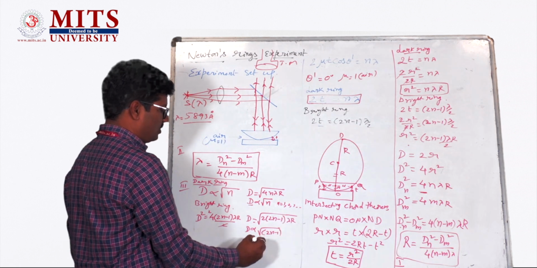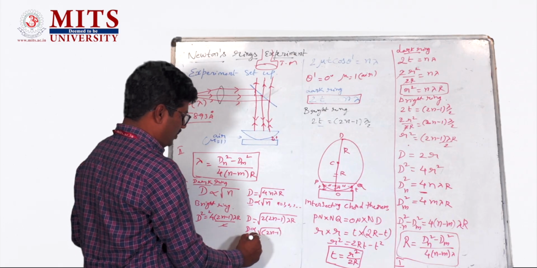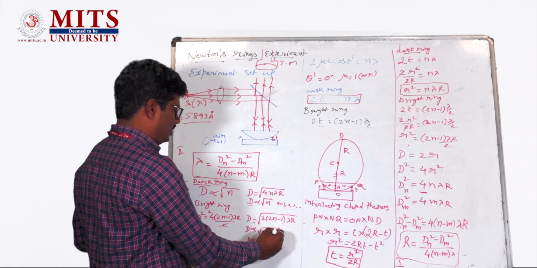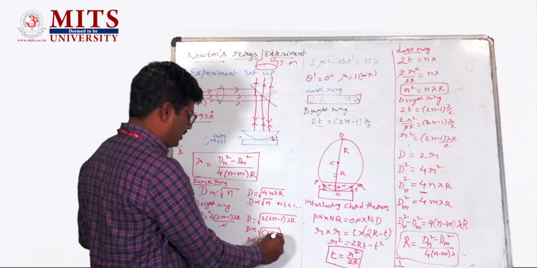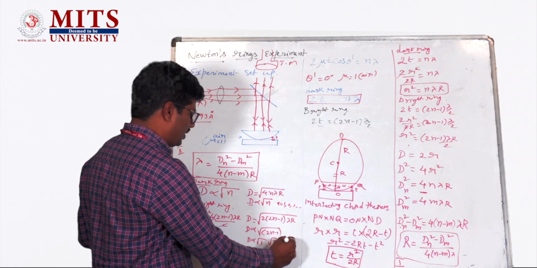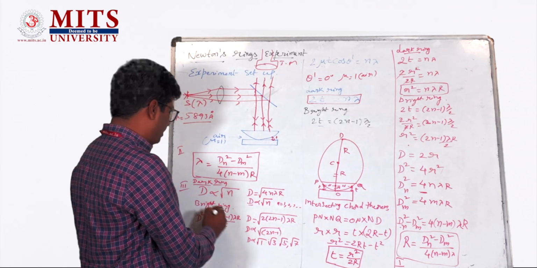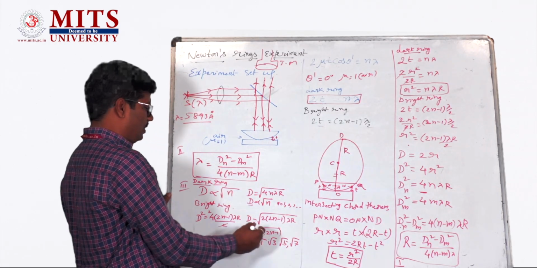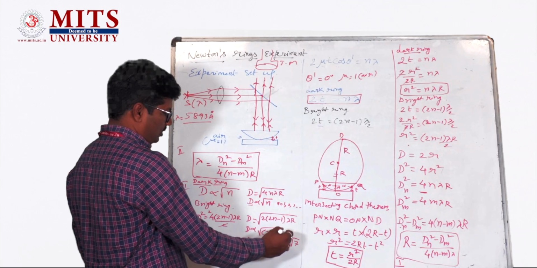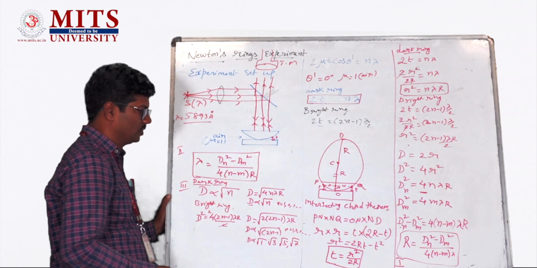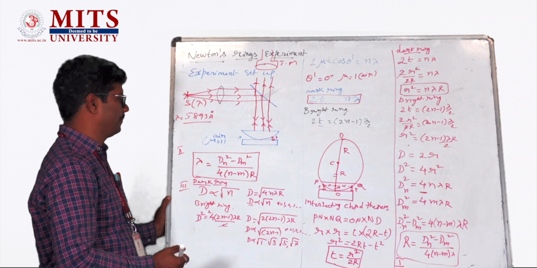If n is equal to 1, the diameter is proportional to root 1. If n equals 2, 4 minus 1 is 3, root 3, then 5, then root 7. So you can find the diameter of the bright ring is directly proportional to the square root of odd numbers.